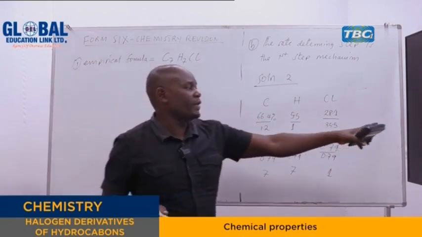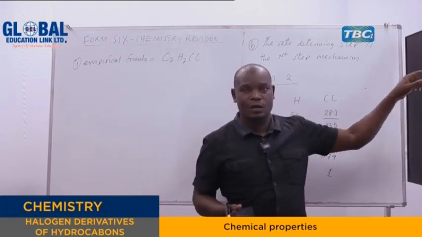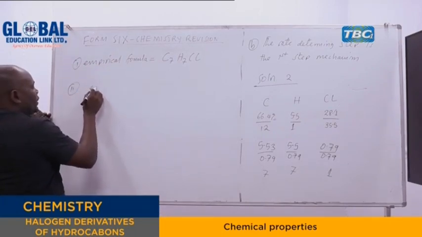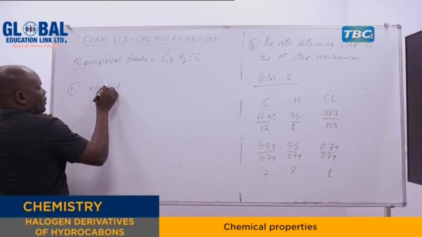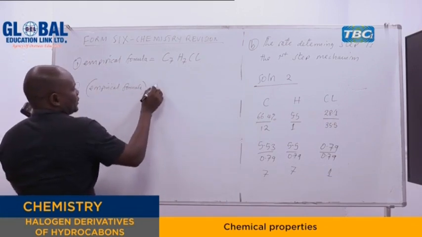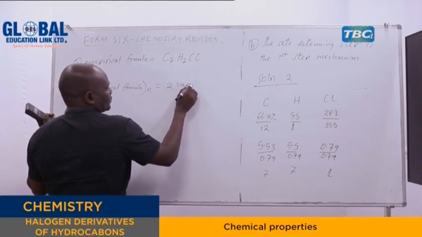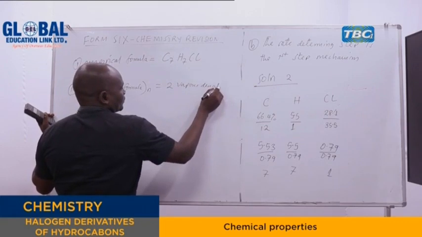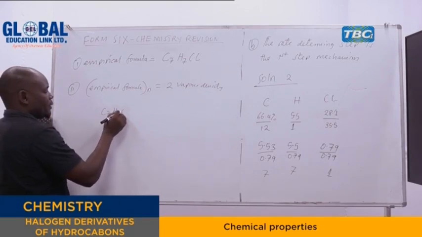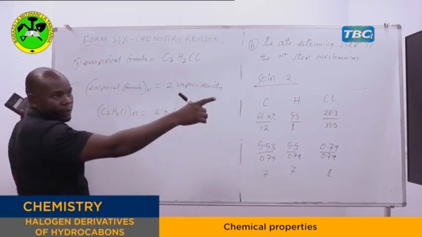In the second part you have been asked to determine the molecular formula of A, and you have been given the vapor density of our compound. So from question 2, we know that the empirical formula times n is equal to 2 times vapor density. Our empirical formula is C7H7Cl, times n, will be equal to 2 times the vapor density, which is 63, given in that equation.